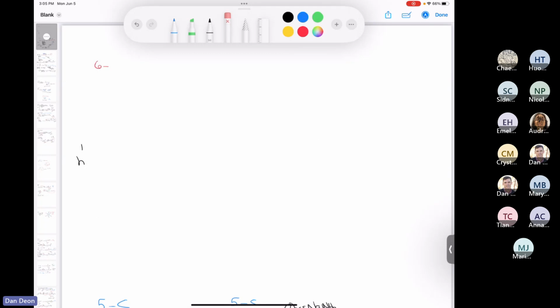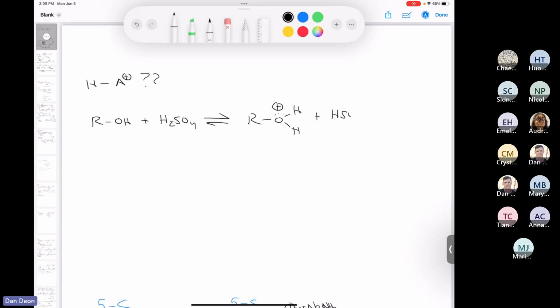If you're wondering what's HA plus, keep in mind we're taking a strong acid and mixing it with an alcohol. So if we have an alcohol plus a strong acid like sulfuric acid, we're going to have an equilibrium between this and the protonated form of the alcohol, and the conjugate base of sulfuric acid, like this.